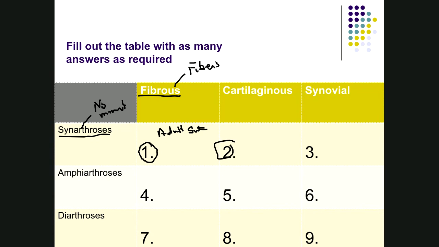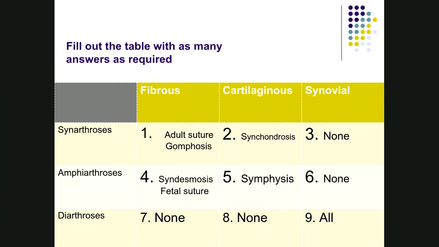So, are there any synovial joints that are synarthrotic? Anybody want to guess? Are there any synovial joints that are just synarthrotic? There are none. So if you fill this table out, it should look something like this.